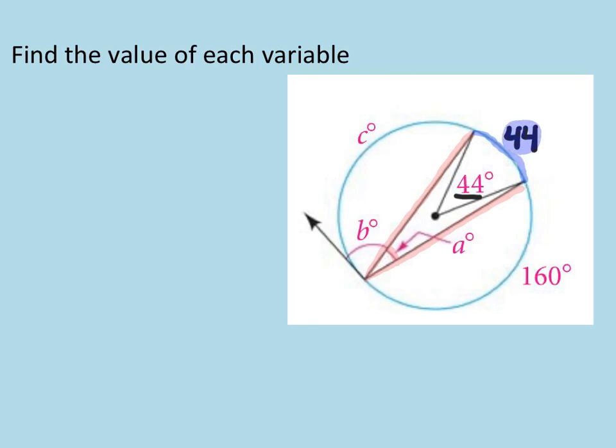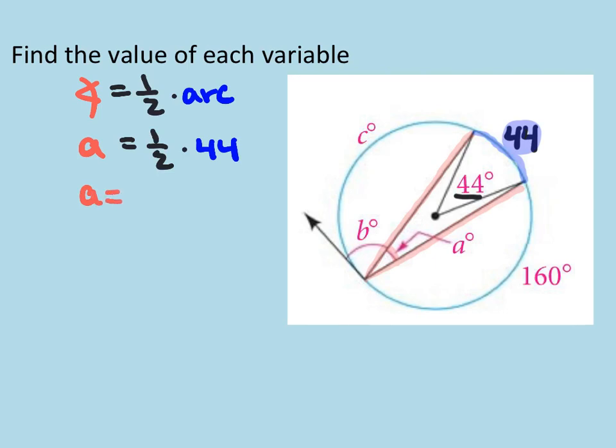So using the formula, you can say that the angle equals 1/2 times the arc. So the angle is A equals 1/2 times the arc, which is 44. So A equals 22, which I can fill in on the diagram.